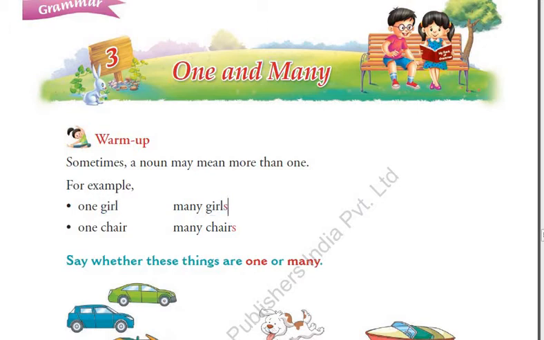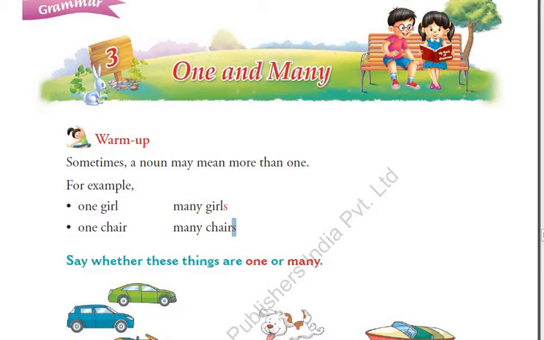So the difference is only s. This is very basic, first of all. That's why it is kept in the warm-up exercise, correct? Similarly, chair becomes chairs. The only difference is we added s at the end of the word. This is how we basically make plural out of singular.